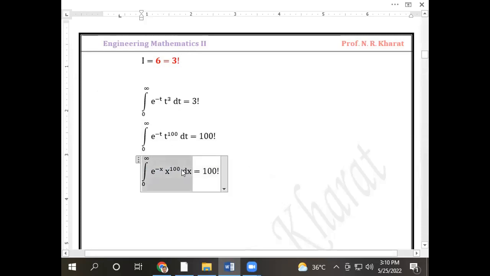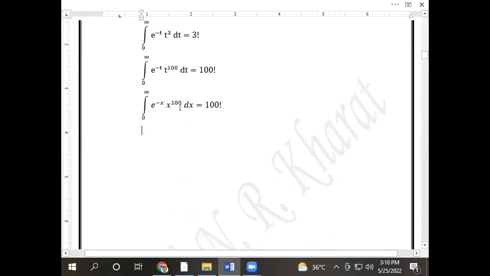Whatever variable we use, instead of x, I can use y, z, or any other parameter. This is the value of the integration in terms of factorial. And we can use the generalized rule if n is a positive integer. Then we can find the integration.